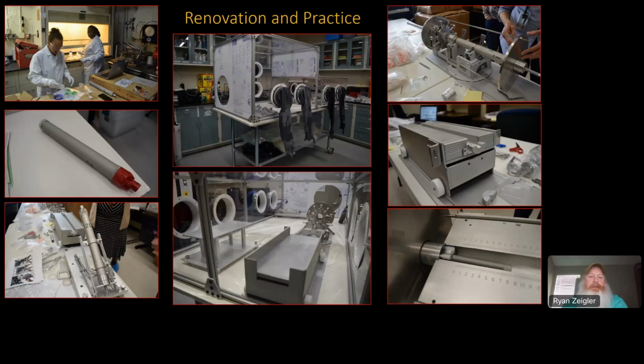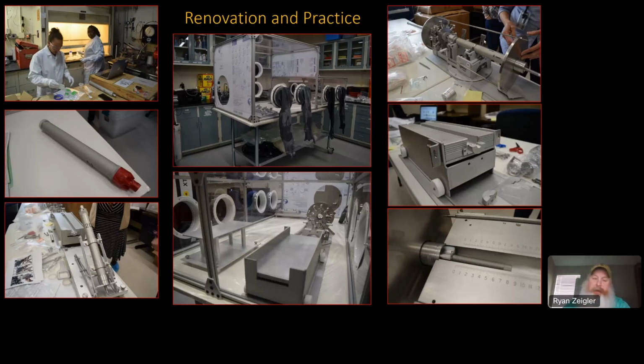Here you can see the erector set, the actually quite nice cabinet that they built out of plexiglass, and everything about it was pretty high fidelity. Then they spent weeks and months practicing what it was like to extrude the soil and get used to handling. Because remember, this is one of those things that you only get to do wrong once. If you extrude this incorrectly, you lose the stratigraphy, then, well, that's a whole lot of work for nothing. And so this is how we prepared for 73002, the first one that was extruded.